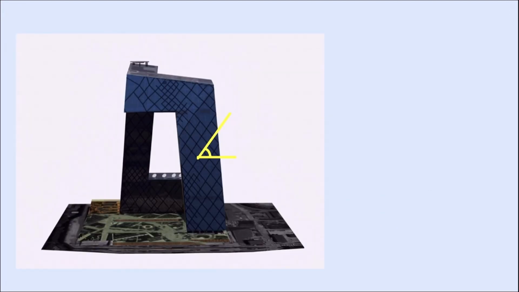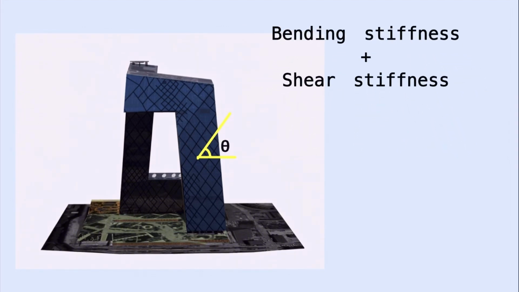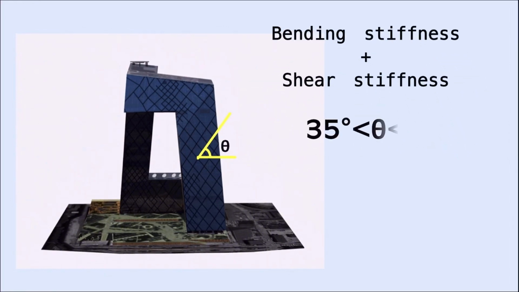Therefore, the optimal zeta of the column for maximum bending stiffness is 90 degrees, and the optimal zeta of the diagonal for maximum shear stiffness is about 35 degrees, and the optimal angle for bending stiffness and shear stiffness of diagonal members of the diamond grid structure is expected to be in between.